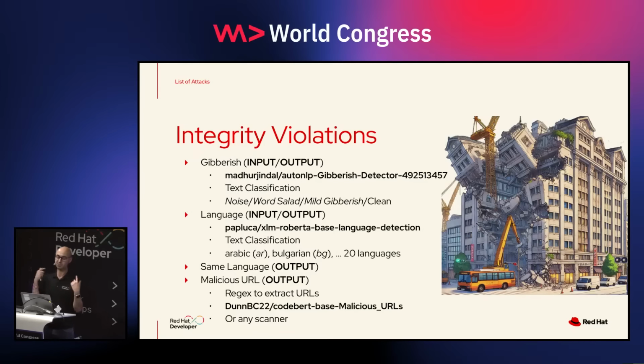We've also got integrity violations. These integrity violations are inputs or outputs that maybe are not what the model expects or the user expects. For example, one of these violations is gibberish. Gibberish is when the model generates words with no semantic sense, or the user provides non-semantic text.